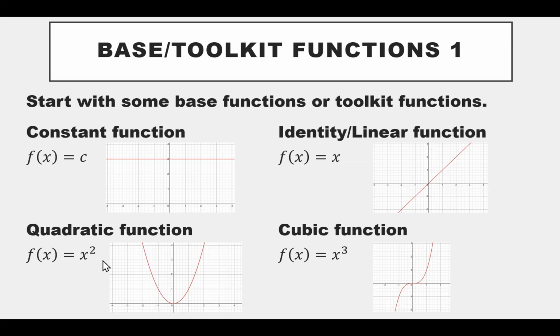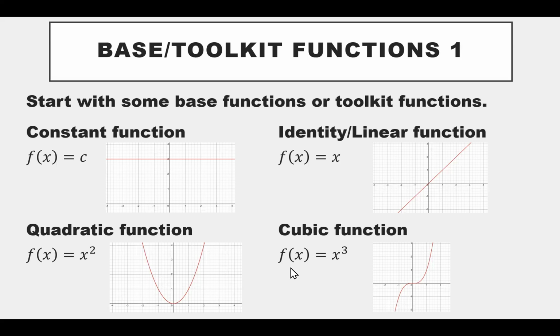Another standard base function or toolkit function is f of x is equal to x squared. We call this quadratic. X squared produces a quadratic function. So this is our base quadratic function. And it gives us a parabola pointed upwards.